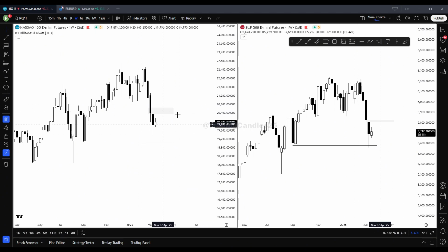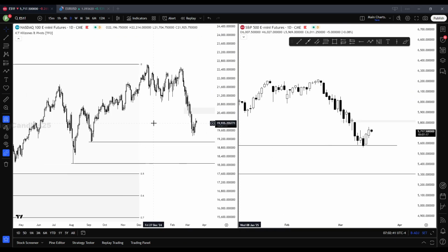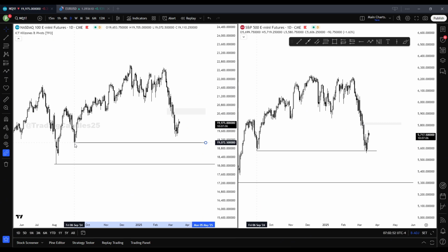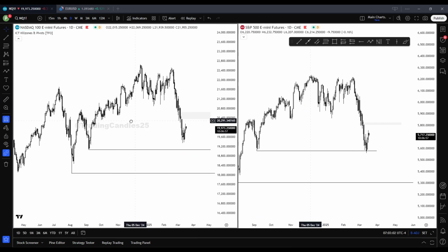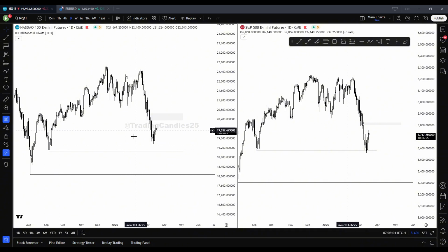Now, let's move over to the daily time frame and let's see if we can refine or support this existing buy zone narrative that we've got on NQ and ES. Okay, so first of all, we can see that we have the SMT divergence, and then right here we've got the weekly key levels.